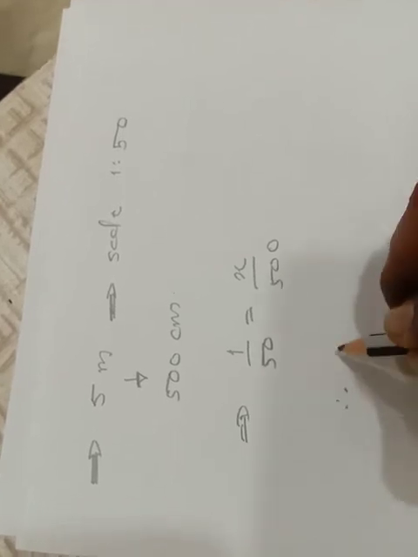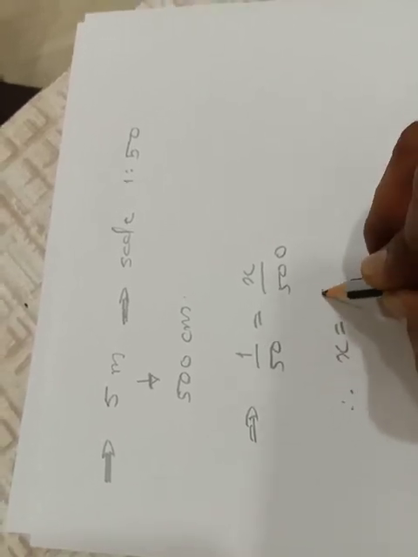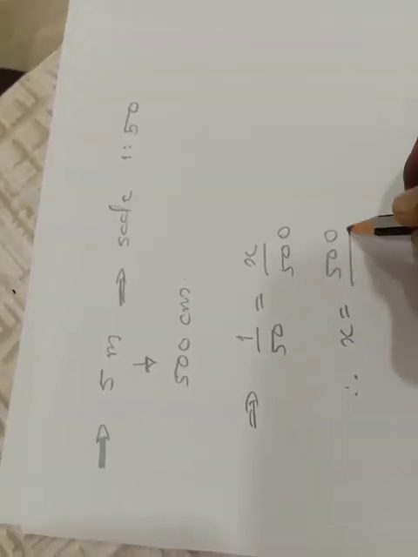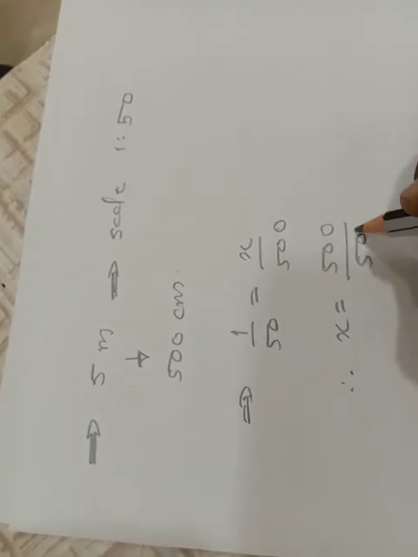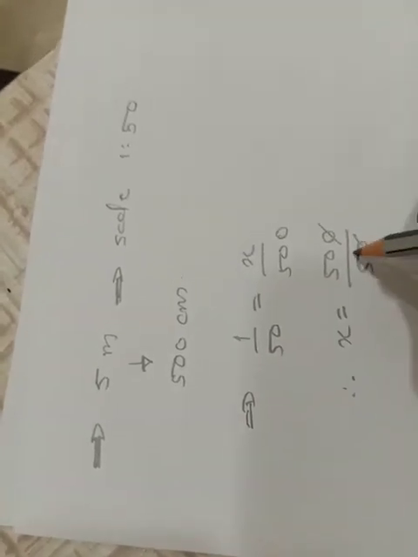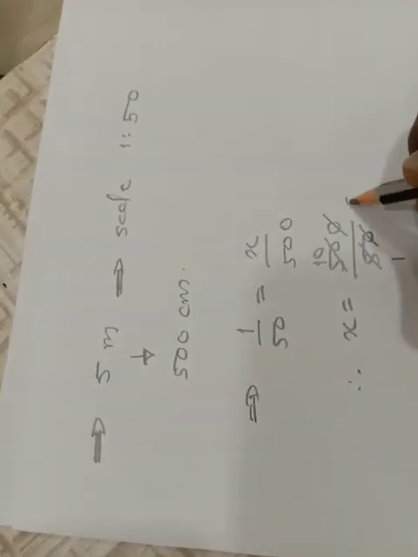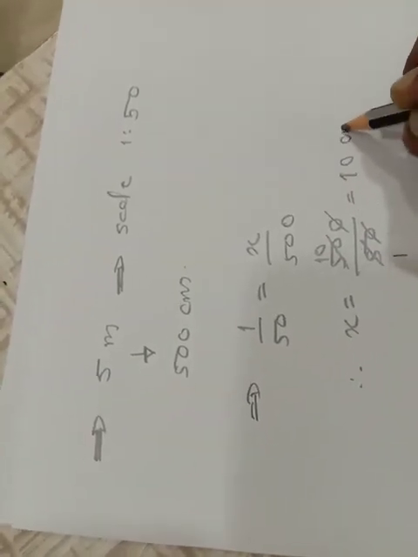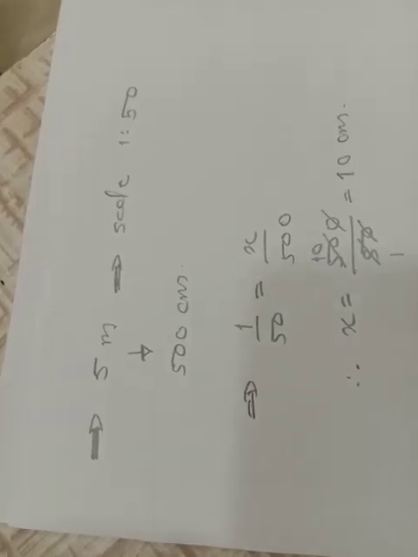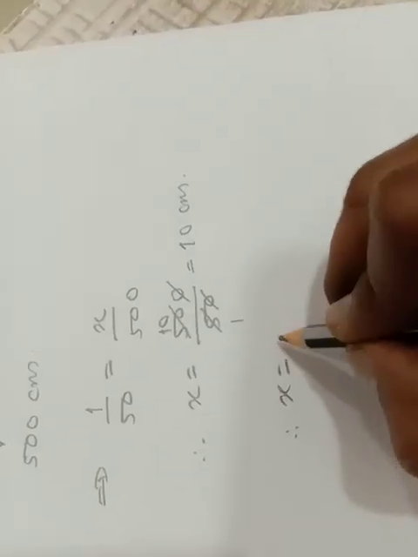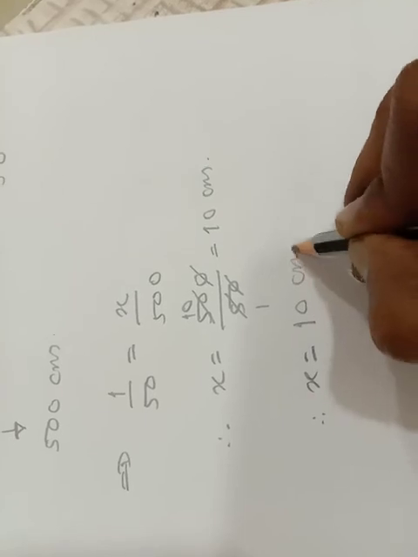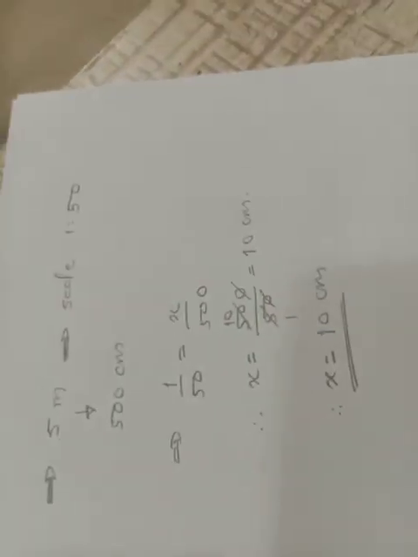Therefore x will be 500 divided by 50. 0 0 get cancelled. 5 1s are 5, 5 10s are 50. X will be 10 centimeters. X is equal to 10 centimeters in this way.